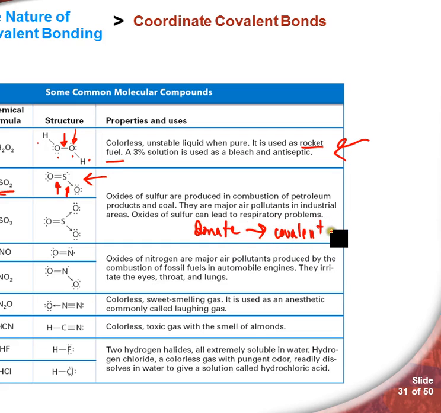Because covalent versus ionic depends on the types of atoms involved. So covalent is always from one area of the periodic table, where you have your two elements from the top right. You could have two non-metals, it's covalent.